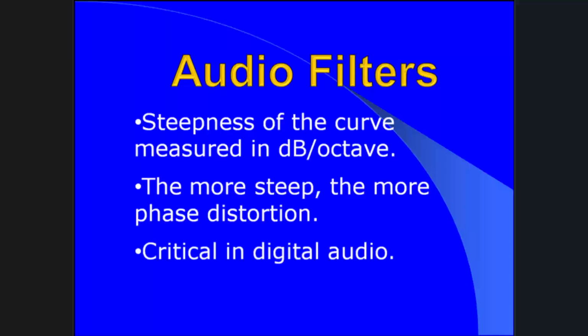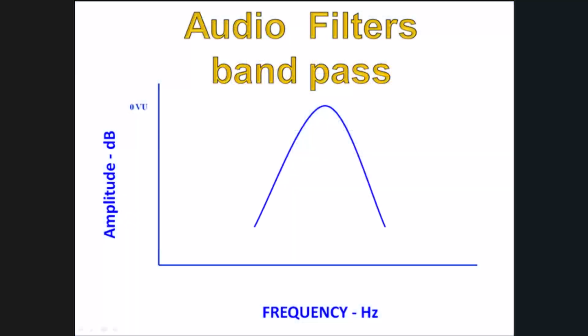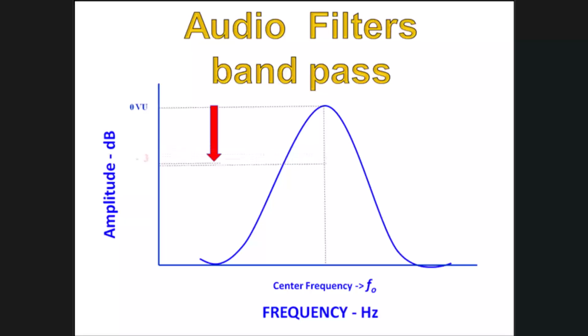So looking more closely at a bandpass filter, here we see the band of frequencies that's allowed to go through. This band of frequencies has a center frequency, where the amplitude is maximum. On each side of that center frequency, both higher and lower, there are frequencies where the amplitude has decreased by 3 decibels. Called the half power points, these frequencies define the outer limits of the bandwidth.